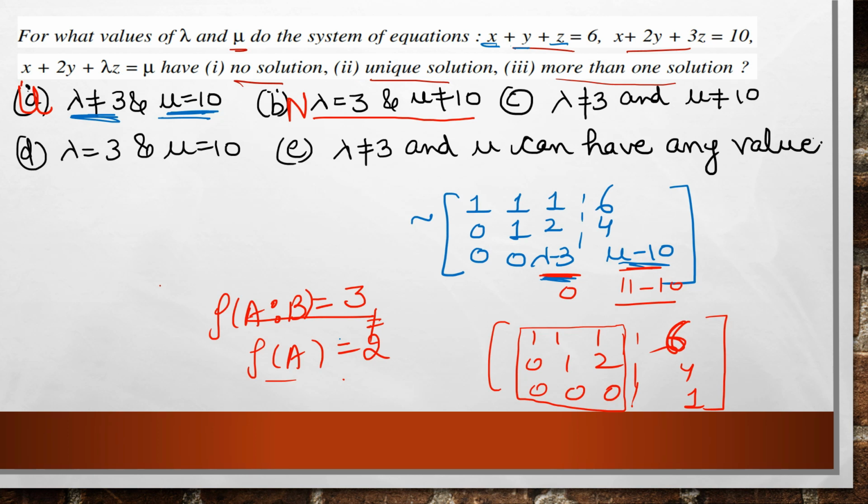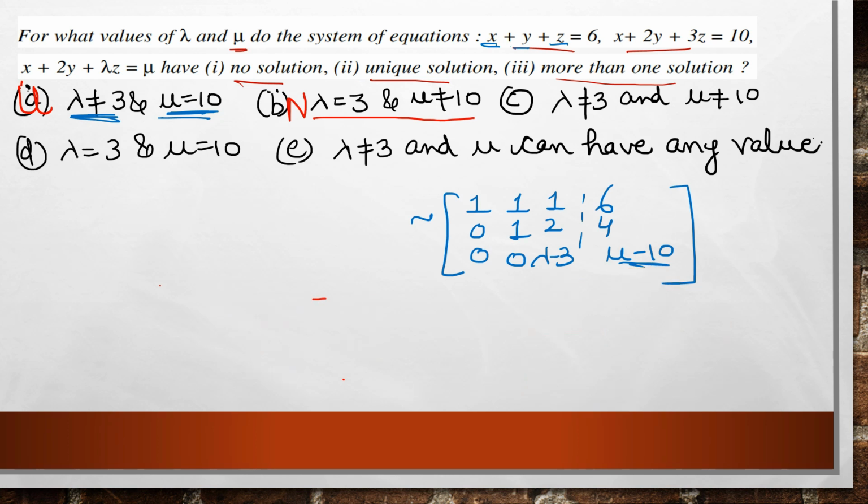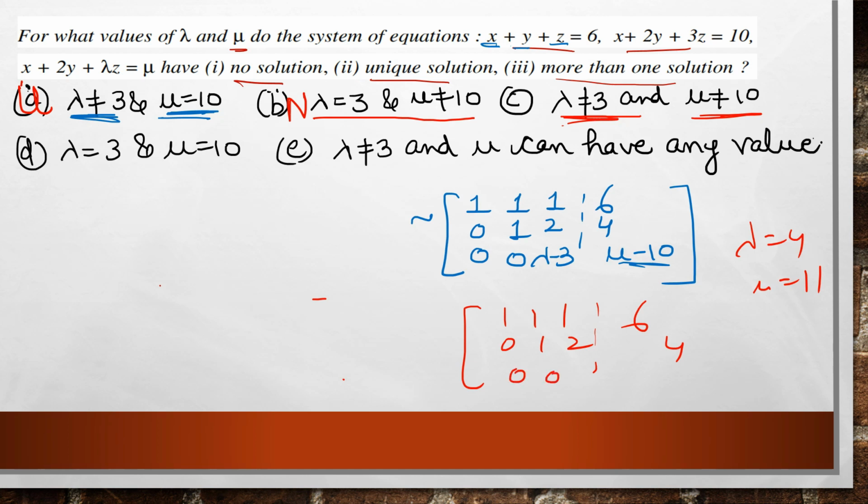So I'm doing the question by using the options. And this type of question is very important. Fine. The third option is saying lambda is not equal to 3 and mu is not equal to 10. Let's say lambda is 4 and mu is 11. So what will you get? This will be 0, 1, 2, 4 and 0, 0, and if this is 4, this will be 1, this will be 1.